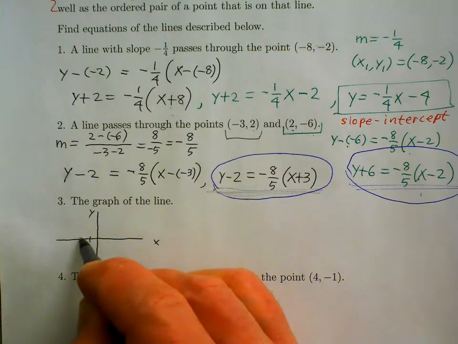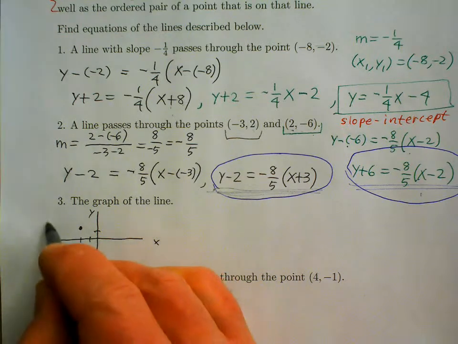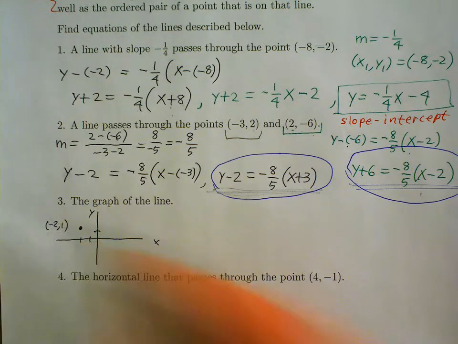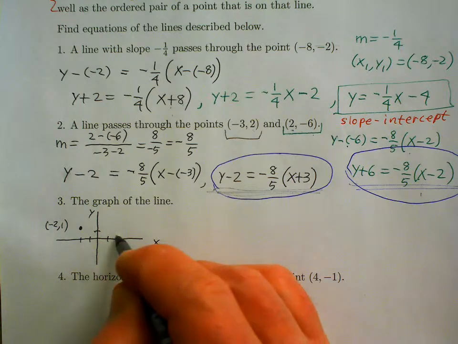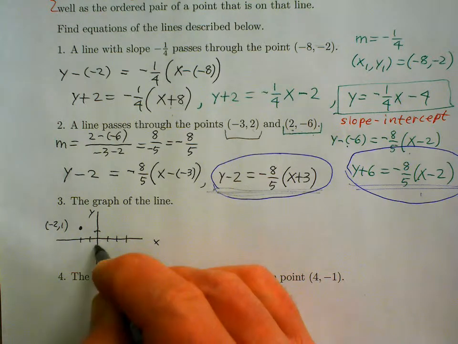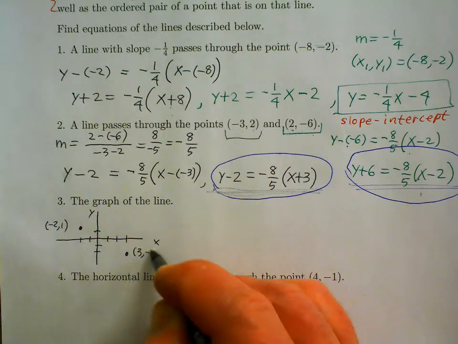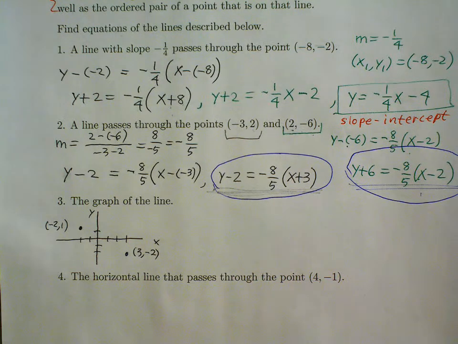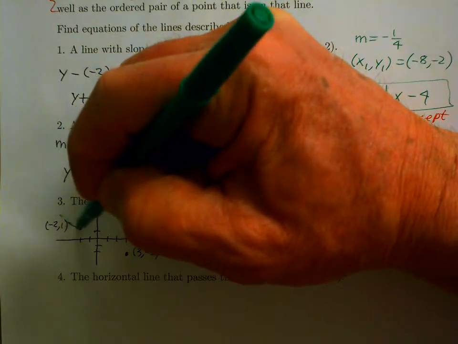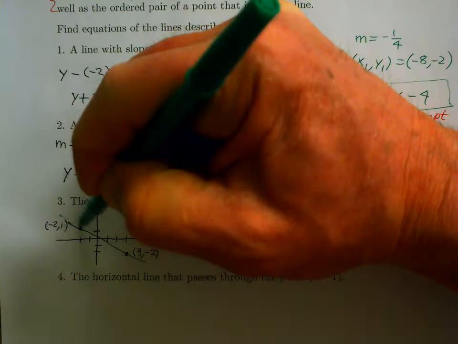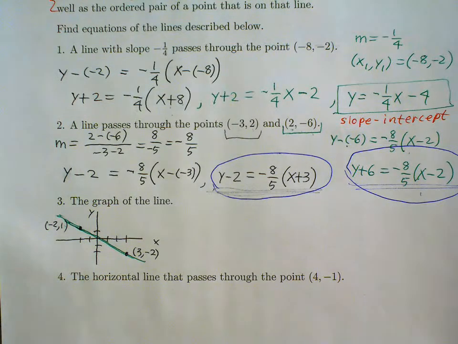So suppose one of the ordered pairs is (-2, 1), and another ordered pair is (3, -2). And then a straight line through those 2 points. Okay, find an equation of that line.